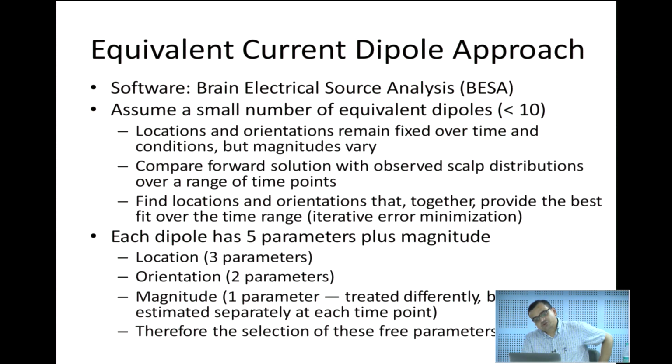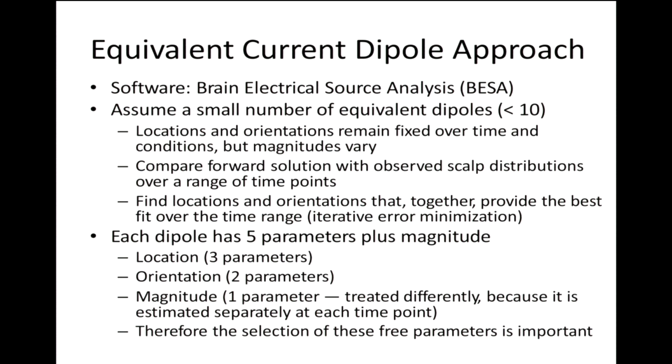So one approach to this inverse problem is called the equivalent current dipole approach. It was introduced by these two guys, Michael Scherg and Berg, in a 1990 paper. Afterwards they realized there was a good business opportunity, because researchers want to find sources but don't have the ability to do all the programming, especially in those days.